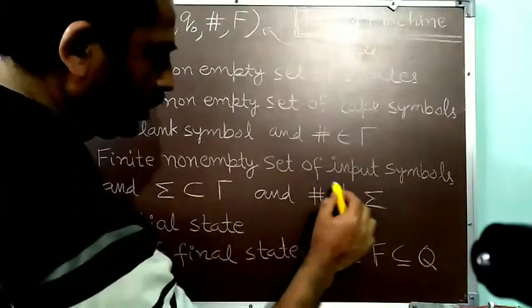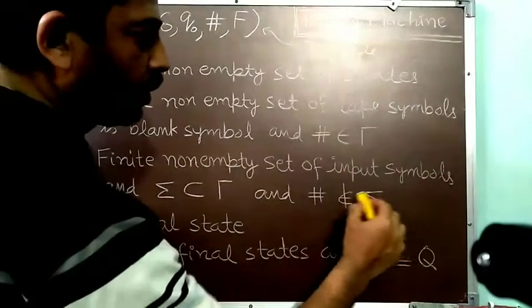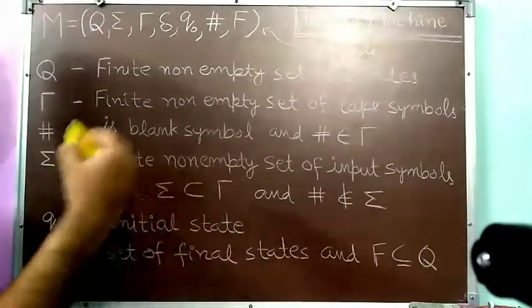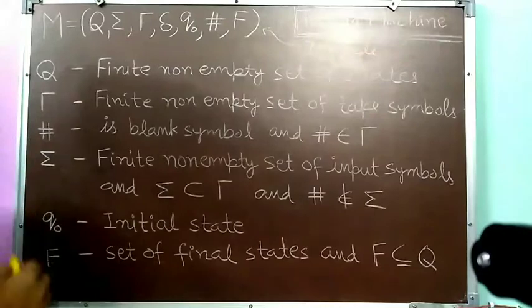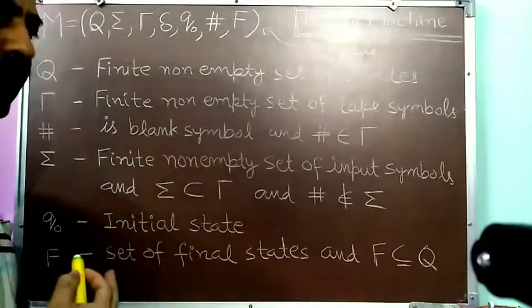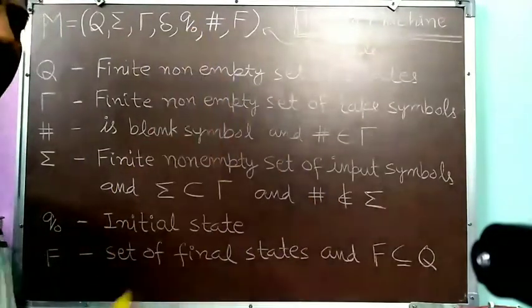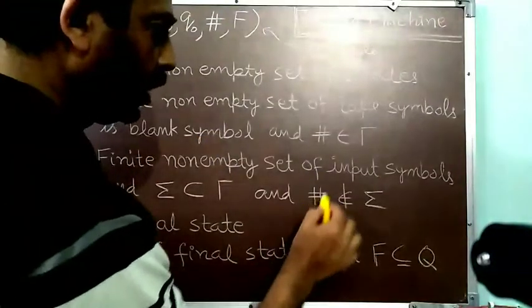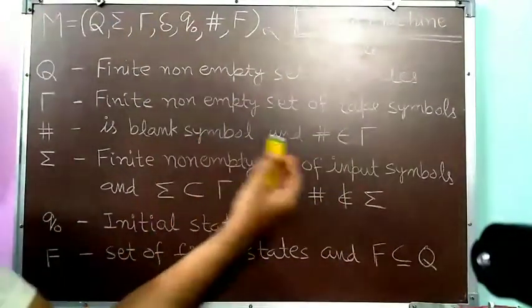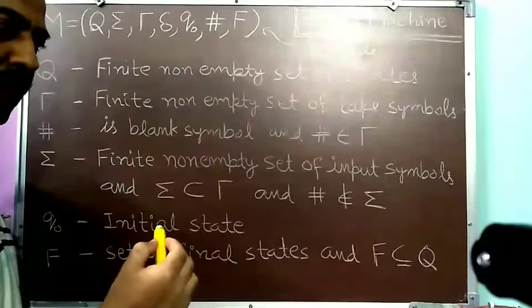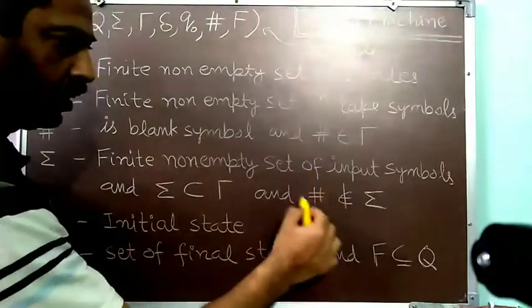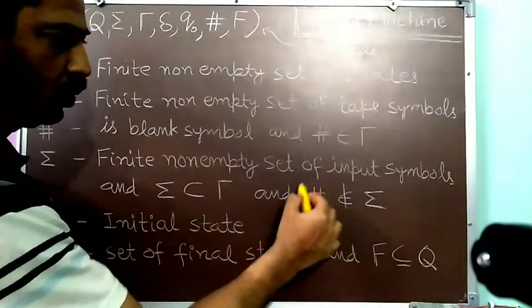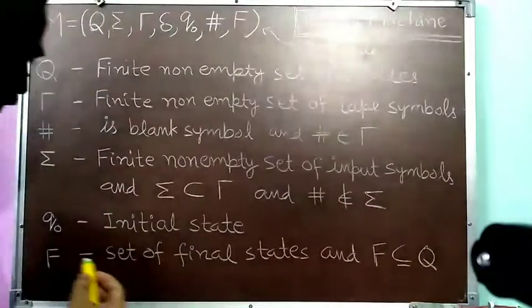And hash, that is the blank symbol, does not belong to Σ. So our blank symbol cannot be part of the input alphabet. It will be only a tape symbol, not part of the input. We can take certain decisions over this blank symbol, but we will not assume it as an input.